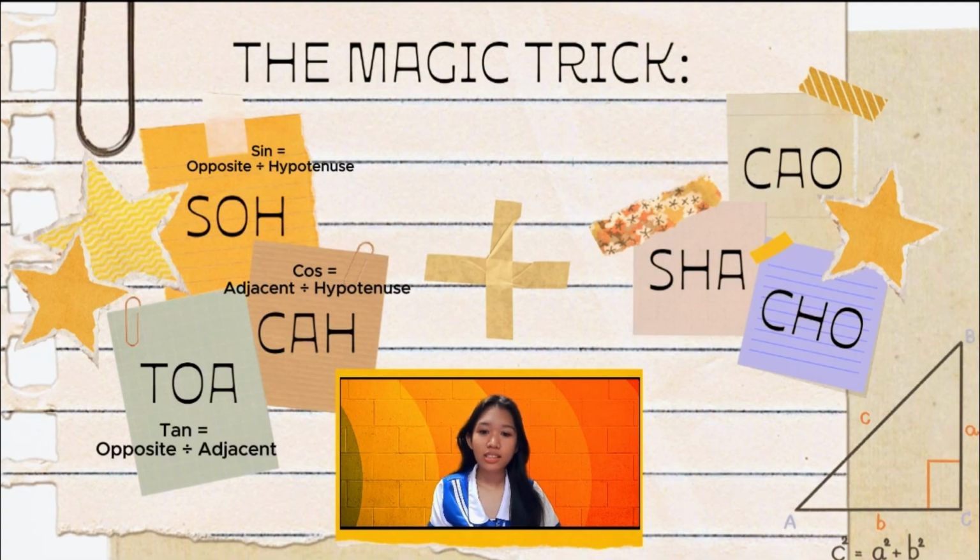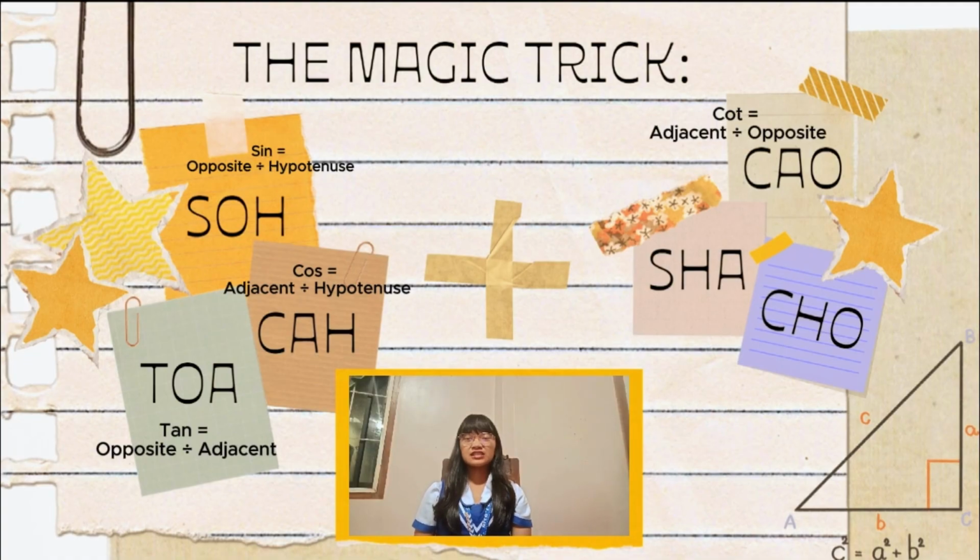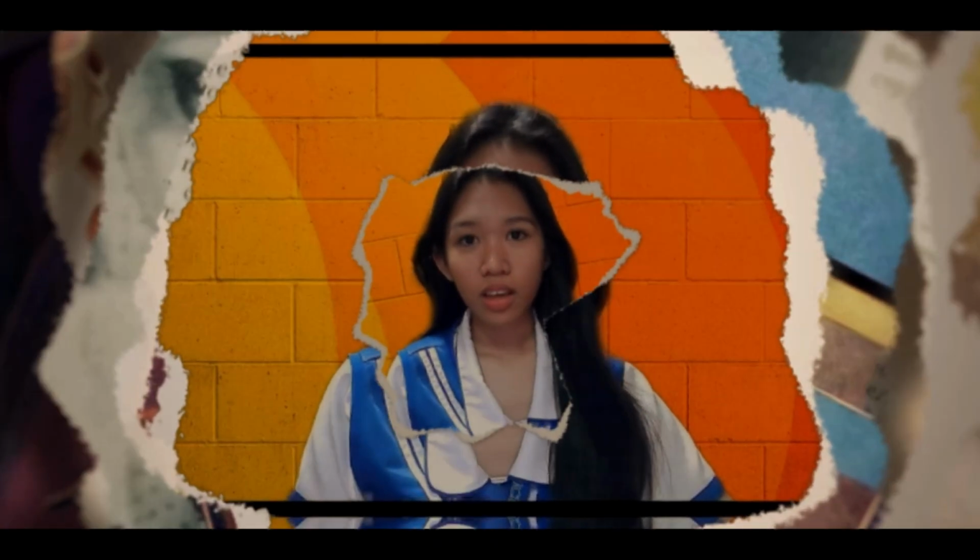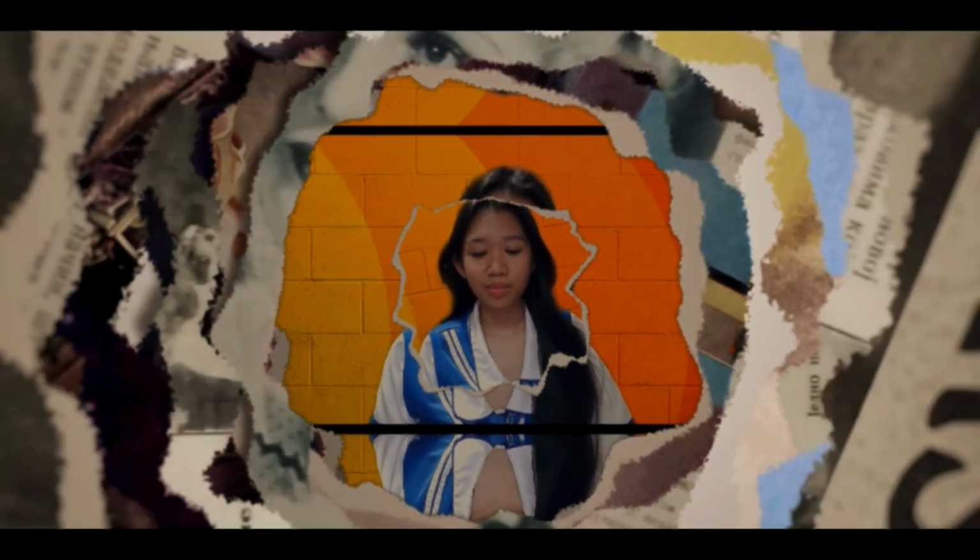TOA: tangent equals opposite over adjacent. And the reciprocals: cotangent equals adjacent over opposite. Secant equals hypotenuse over adjacent. And finally, cosecant equals hypotenuse over opposite. Just remember, everything in math has balance and harmony, just like how God designed everything in perfect order.